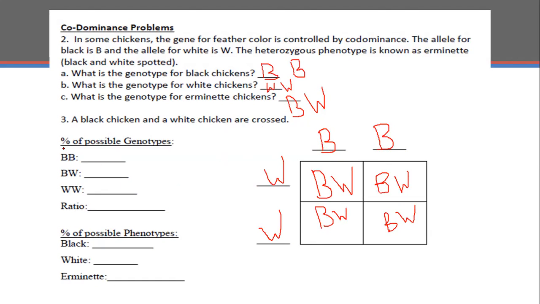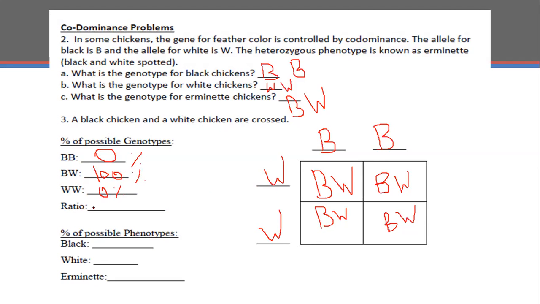What is the percentage of possible genotypes? Capital B, capital B: do I have any? Zero, 0%. BW, capital B capital W, 100%. WW, 0%.